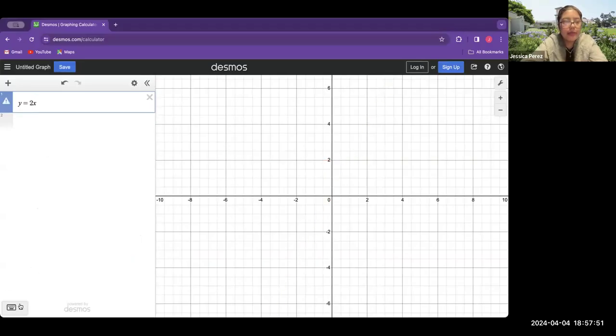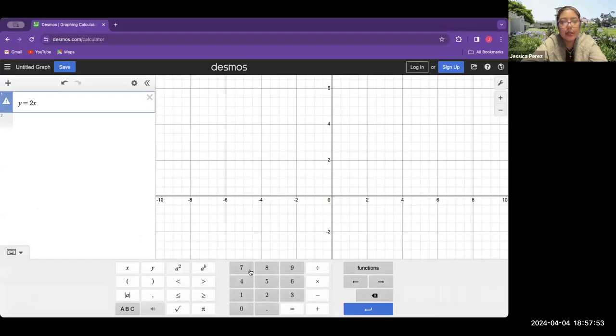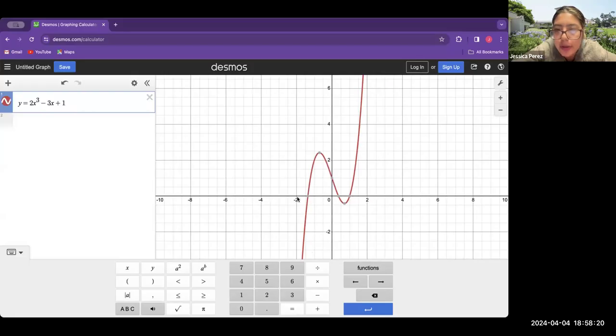You can use these functions or use the caret to write it to a third power. So what I did was 2x, then shift and the caret, and then 3. Then move the cursor to the left and put -3x and then +1. And I'm only looking between -2 and +2.